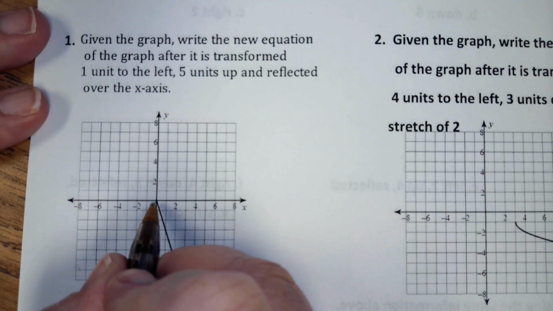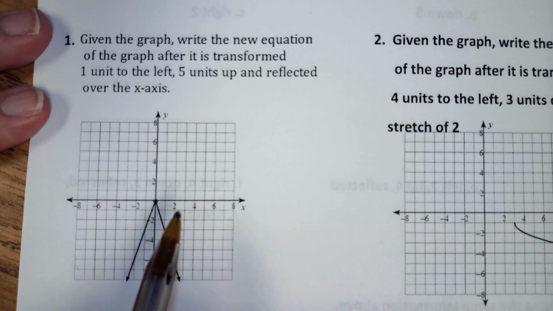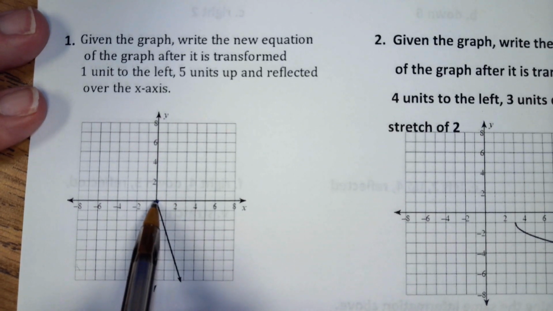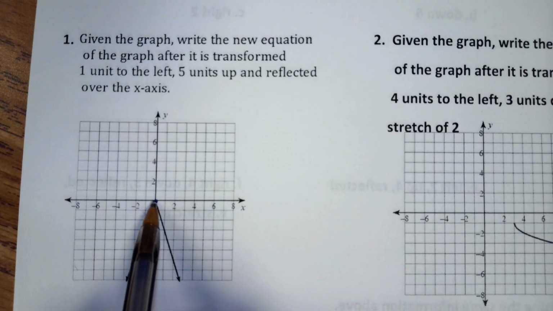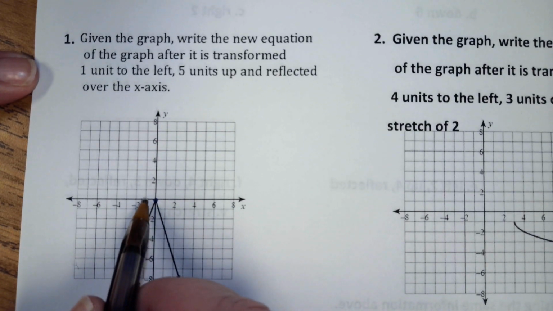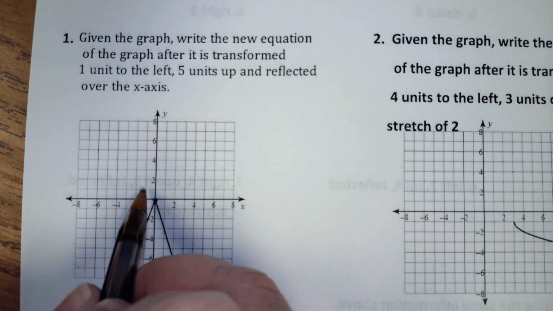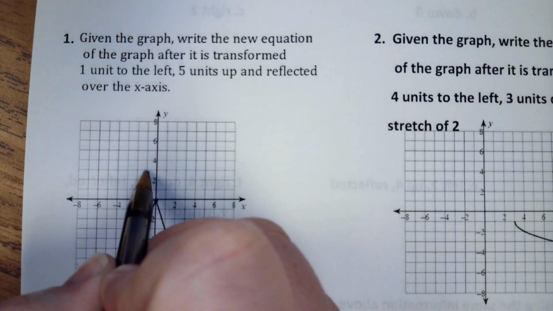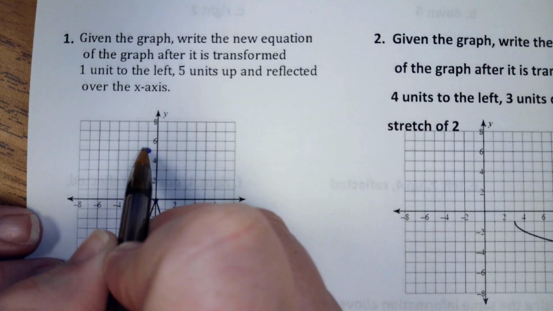All right, so everyone put your point right there on the original vertex. Always start by focusing on either the vertex, the point of inflection, or the initial point. So let's move it 1 unit to the left and then 5 units up. So 1, 2, 3, 4, 5.